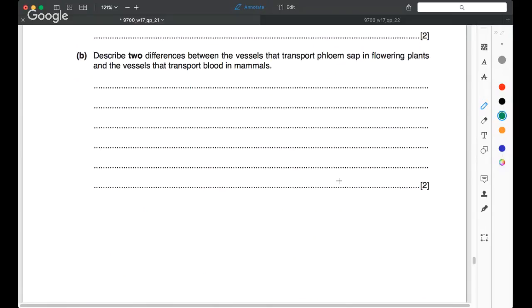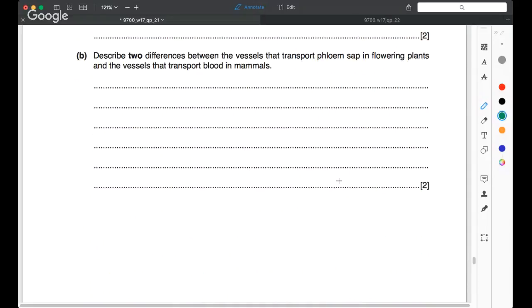You could talk about blood vessels being composed of tissues instead of just cells with different layers. You could talk about unidirectional flow of blood through blood vessels. You could even say veins have valves, sieve tubes don't have valves, that kind of thing. Could you talk about specific types of blood vessel?